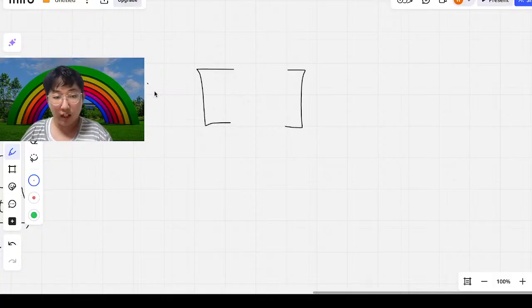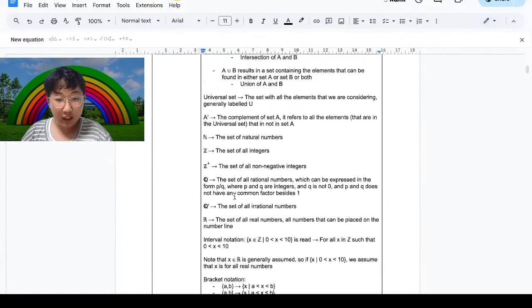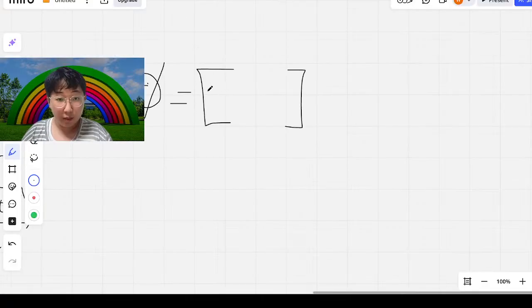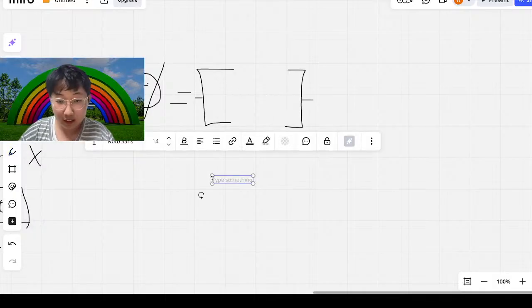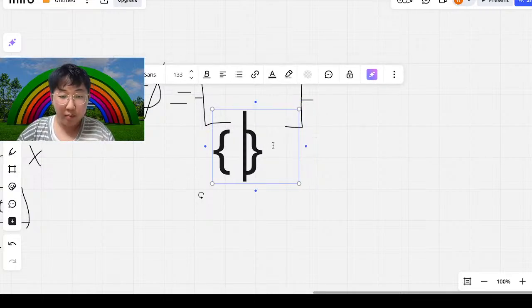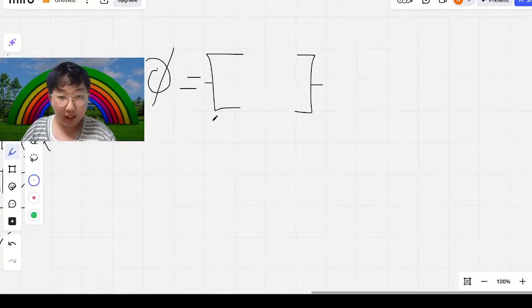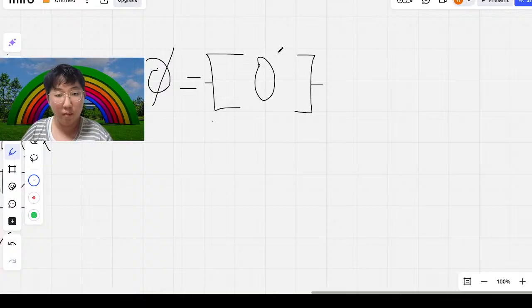Generally we write sets in curly brackets, which looks like this when you type it out. I will just write it. It looks something like this, and it does not have any element. A common confusion comes from thinking that this contains 0, but it does not contain 0. It does not contain anything.